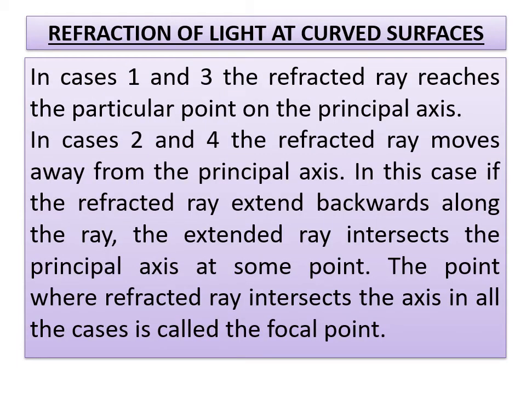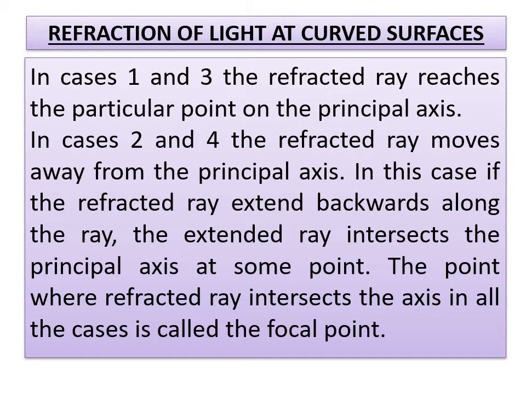In all the four cases, we observed a few points. Already I mentioned that the refracted ray is meeting at one point. In cases 1 and 3, the refracted ray reaches a particular point on the principal axis. In cases 2 and 4, the refracted ray moves away from the principal axis. In this case, if the refracted ray is extended backwards, you have to draw it with a broken line.